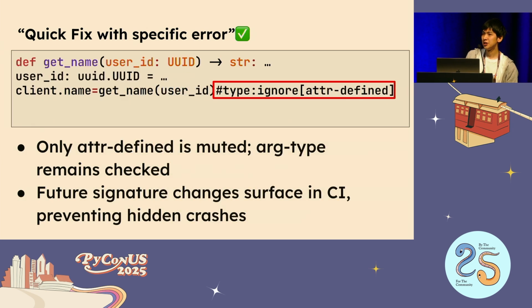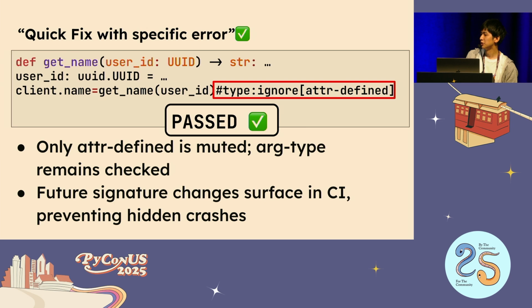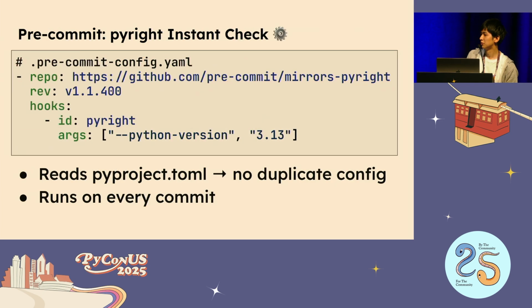Okay, we should change user_id from str to UUID, but still use the attr-defined ignore comment. It passes. Yeah, we should focus on the specific error, so we don't need a blanket type: ignore.